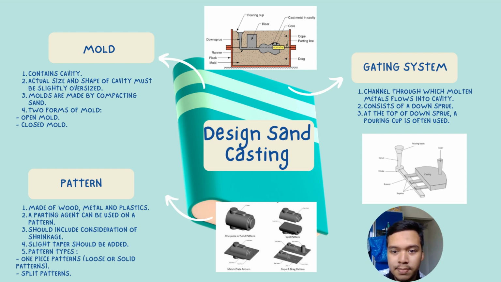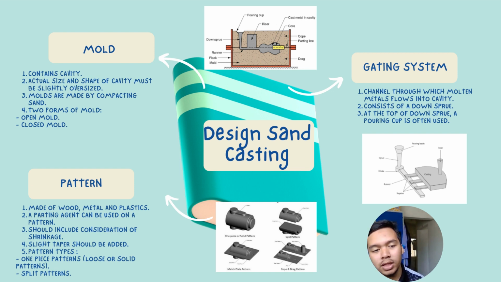Next, the third one is the pattern. Patterns are made of wood, metal, and plastic, and the material must be stronger if a large number of molds are to be made. A parting agent can be used on a pattern to allow easy removal after the mold is made.